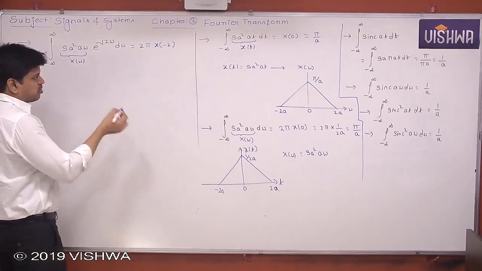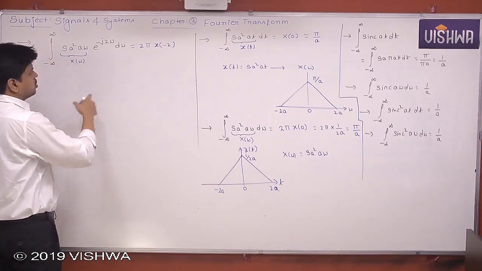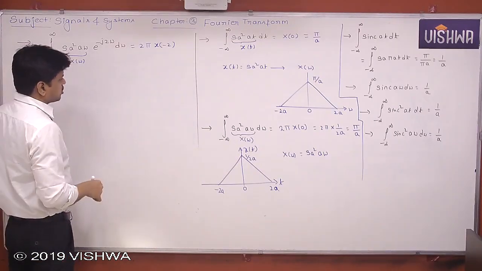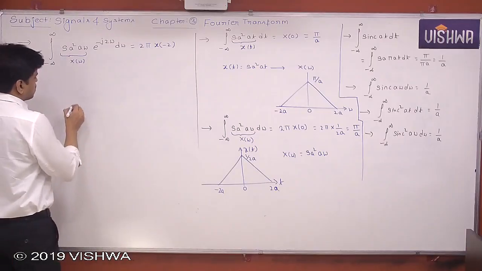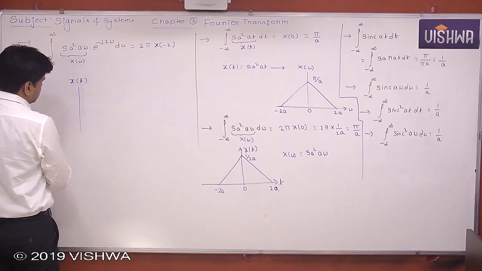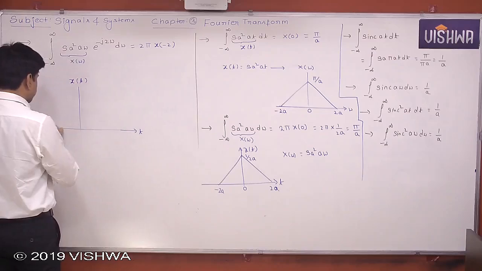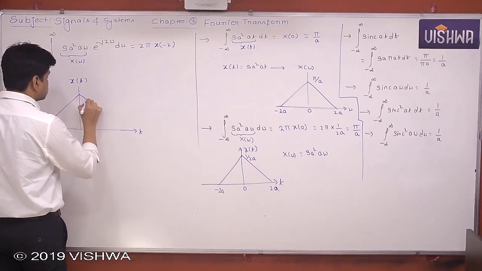If we observe the formula for x of t, it has 1 by 2 pi, so that 2 pi factor comes here. What is x of t for this function? To get sampling square a omega, x of t has to be a triangular function.